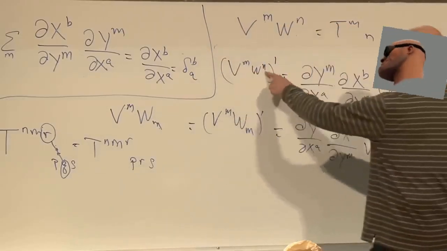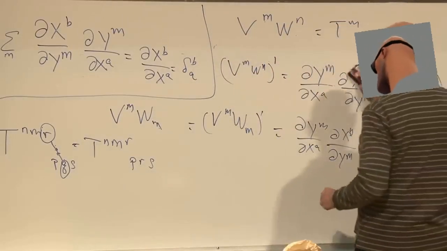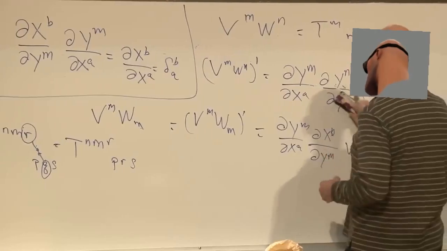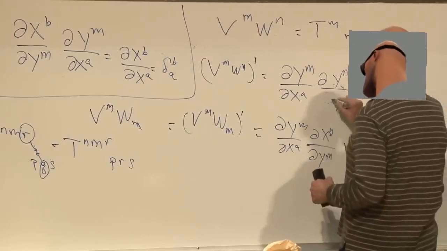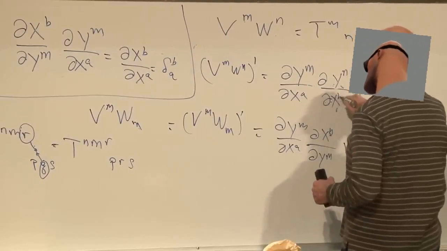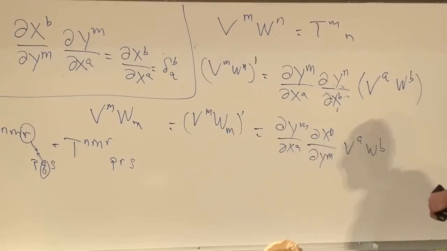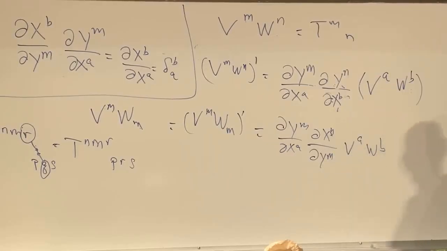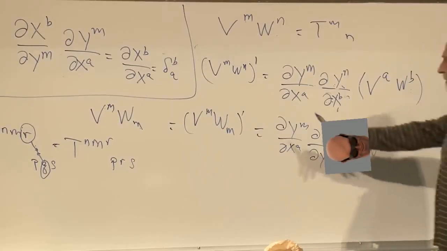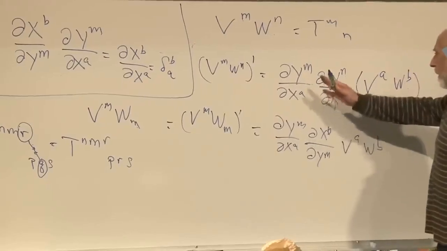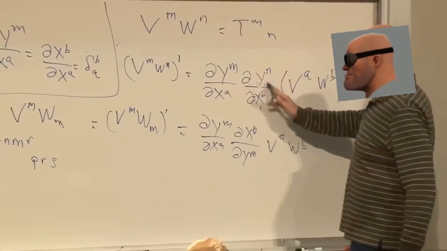Now, these both have upper indices, so this has to be dy^n by dx^b, and then we would have, all right, do you recognize that? This has two upper indices, this has two upper indices. Here's the primed component, and in both cases we have dy by dx.